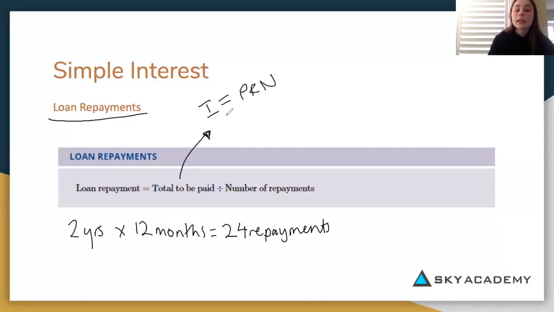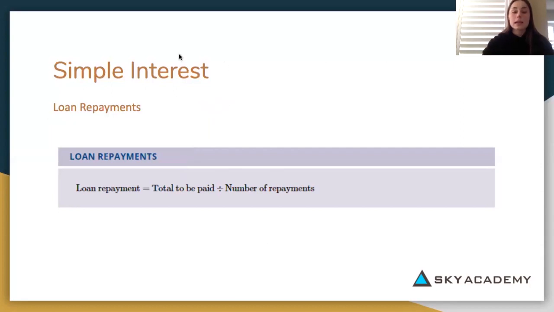And once we calculated our interest, we were then able to calculate the total to be paid, which is A equals P plus I. So we're going to use the simple interest formula to calculate the total to be paid. Then we're going to determine how many repayments in total there will be. We're going to divide the two, and we're going to calculate the loan repayment, or the cost for 1 repayment. So let's have a look at an example.